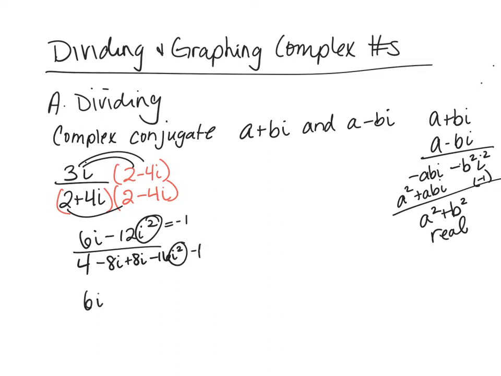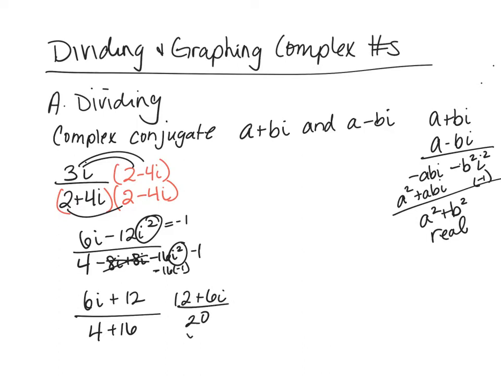So I get 6i plus 12, because negative 12 times negative 1 is positive 12. And in the bottom, the negative 8i and plus 8i are 0. So I get 4 plus 16, because negative 16 times negative 1 is positive 16. So I get 12 plus 6i over 20.